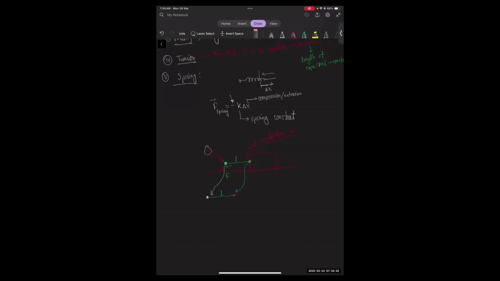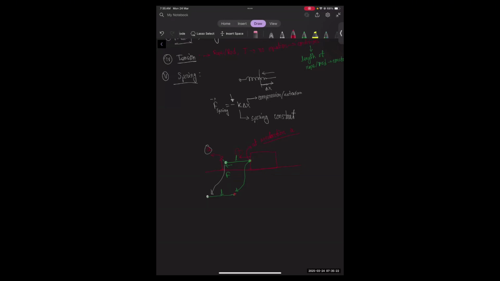Normally what should have happened is the block would sit here and your rope would stretch. If you are using a very spring-like or very elastic rope, that is what will happen. You pull it and you will see your rope stretching, and the box doesn't move, if it's a very heavy box and your rope is very stretchy. But if we force that the length of the rope is constant, then the block also has to move with acceleration a, and for that you need to have a force in this direction. That is what we call the tension force.